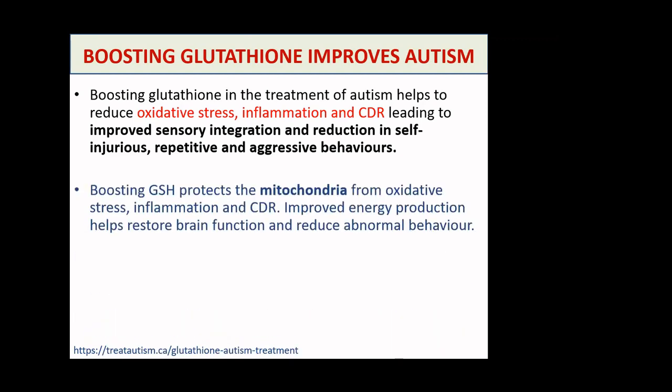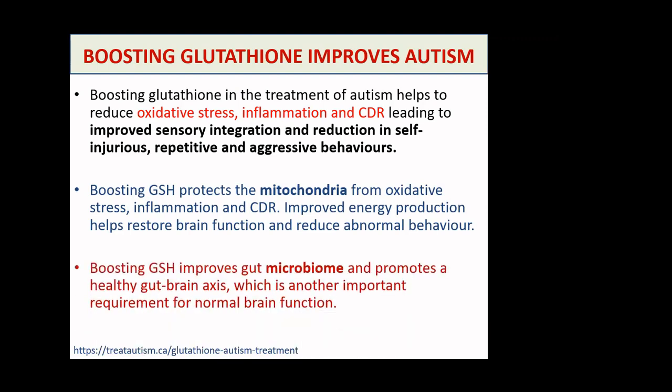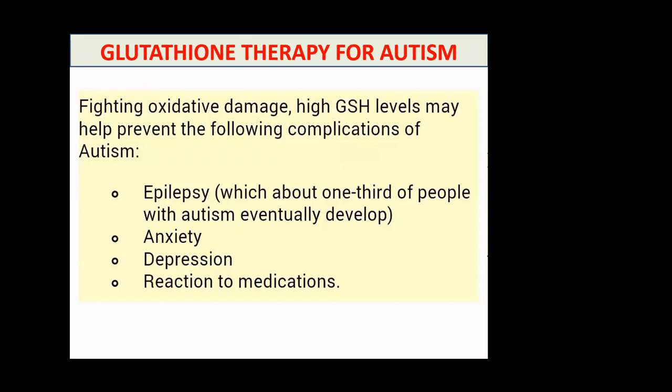Boosting glutathione protects mitochondria from oxidative stress, inflammation, and CDR, and improved energy production helps restore brain function and reduce abnormal behavior. And boosting glutathione improves gut microbiome and promotes a healthy gut-brain axis, which is another important requirement for normal brain function.